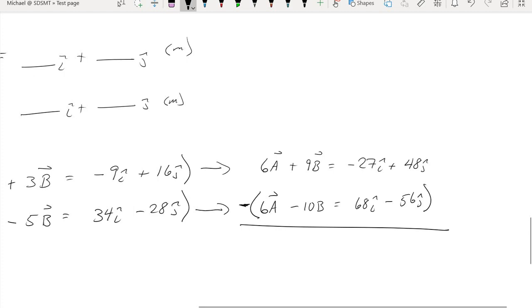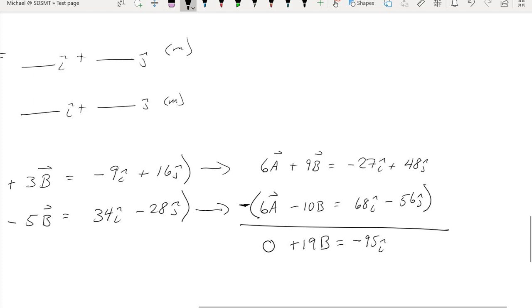When I do that, 6a minus 6a is 0, so all of the a terms are gone. 9b minus a negative 10b. Careful with your algebra here. 9b minus a negative 10, that becomes a positive 19b. We have negative 27 minus 68, and that gives us a negative 95 i hat.